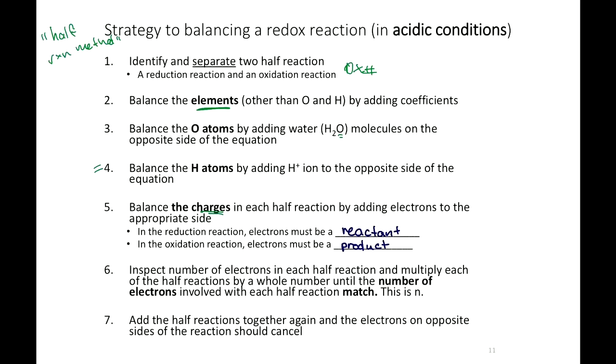Because we have 2 half reactions, one of them's reduction, one of them's oxidation, you should always have electrons on the appropriate side based upon what reaction that is. So in your reduction reaction, your electron should be on the reactant side, wherever you put it to balance. In your oxidation reaction, your electron should be a product because your substance is losing electrons.